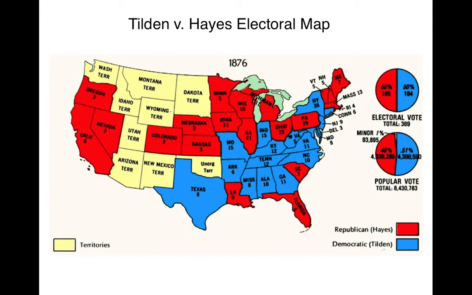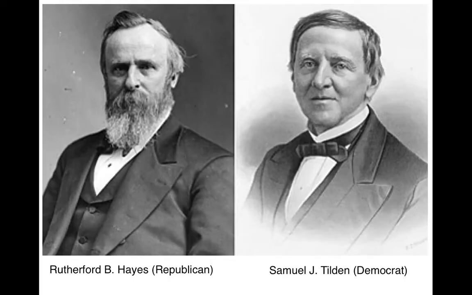So the election goes to Congress and a compromise is made. Tilden, the Democrat, concedes to Hayes, the Republican, in exchange for the end of federal occupation in the South. Federal troops leave the South for good in 1877. Their departure ends protection for African Americans and ends a remarkable period of political experimentation and compromise from the end of the Civil War.